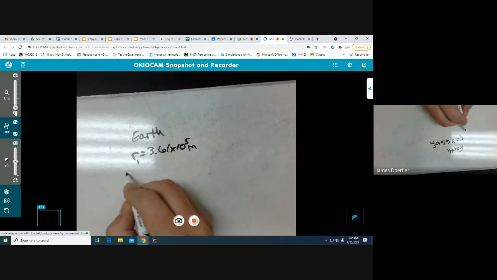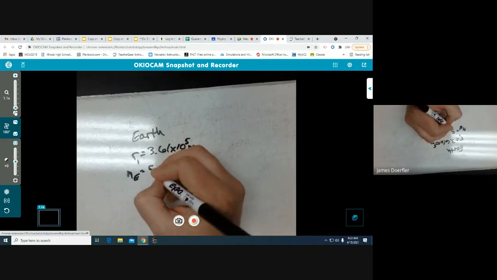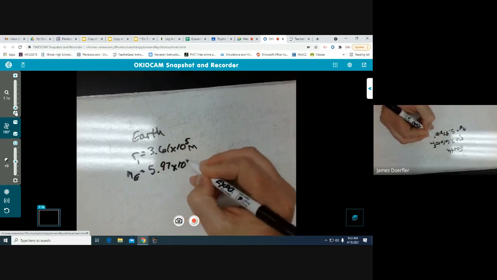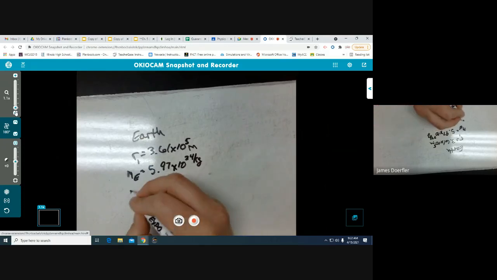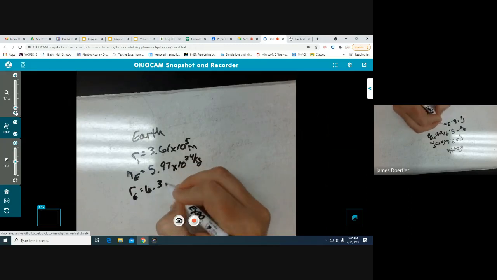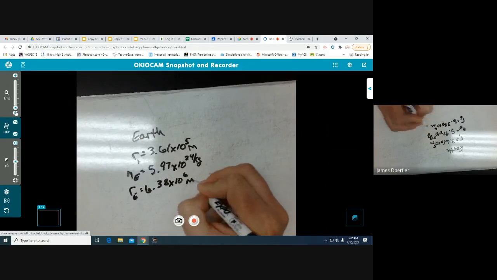The mass of Earth, as we see in a table on the previous page, on page 250, is 5.97 times 10 to the 24th kilograms. And the radius of Earth is 6.38 times 10 to the 6th meters.